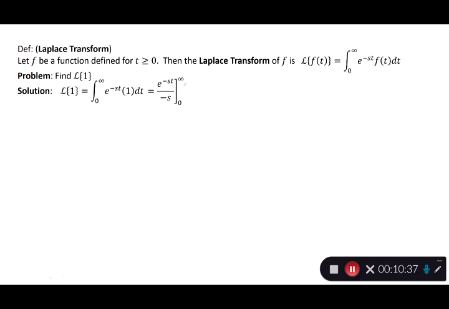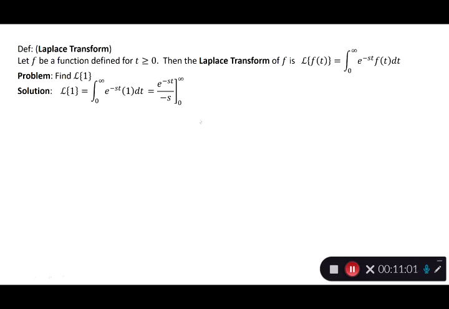Okay, so plug in the upper limit. If you say plug infinity, mathematicians will have a heart attack. Did you say to plug infinity? You cannot plug infinity, man. What are you, stupid or what? Okay, chill.